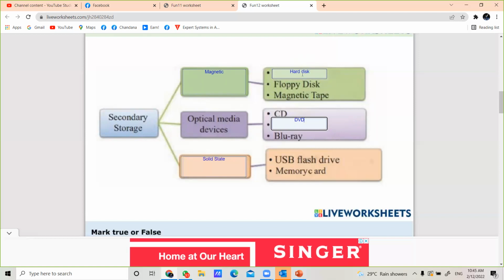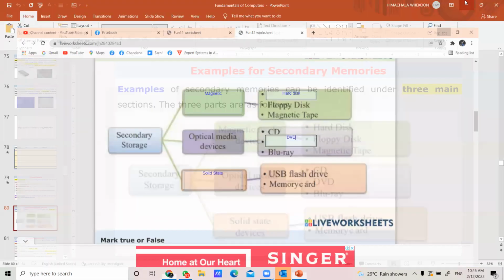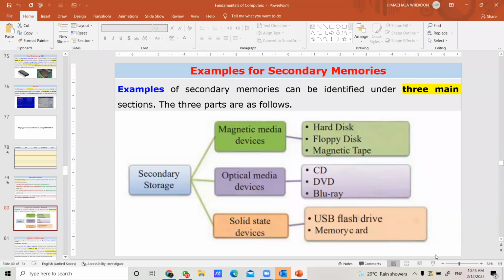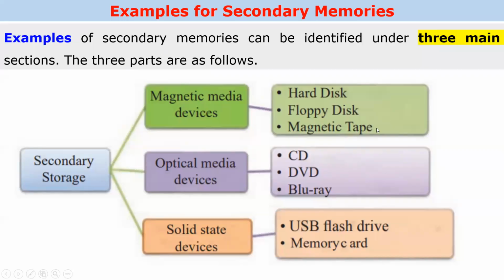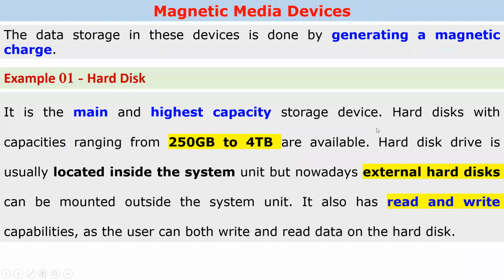How does it work? How do you fix it to the computer? Like that, some details we want to know. Therefore, now we are moving to discuss the hard disk under magnetic technology. Then look at the presentation here. Magnetic media devices. Our next topic here, magnetic media devices.